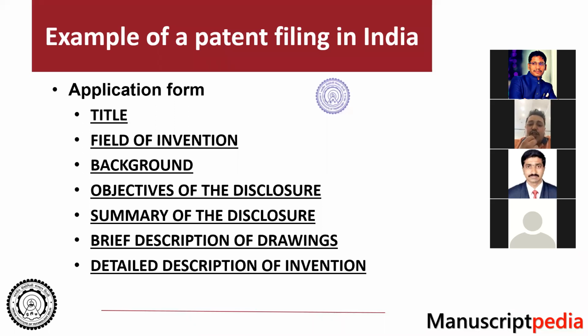Journal paper is much more difficult than this. Simply, you are clearly writing your invention. There is no need to write the literature. Only the title, field of the invention, background, objectives and summary, and whatever they want at the end of the patent.